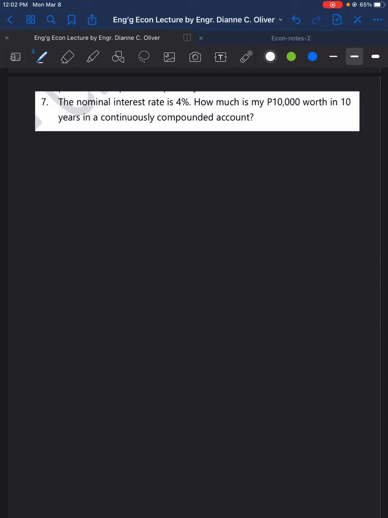So given the nominal interest rate of 4%, or that is 0.04, we have here 10,000 pesos present worth. How many years? It is asking for the continuously compounded amount in 10 years.